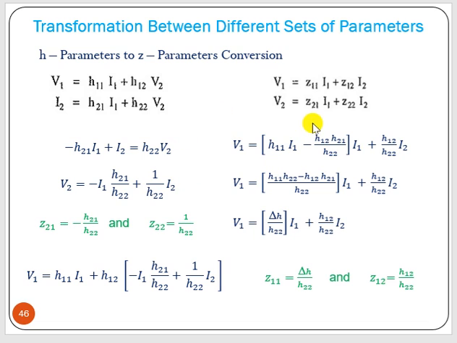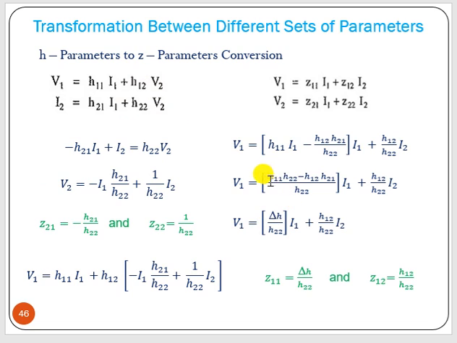So from the second equation we got the value of V2, then Z21 and Z22. Now we have to write an equation in terms of V1. So the V2 value we have put in the first equation for V1, and we have written this V1 in terms of I1 and I2.